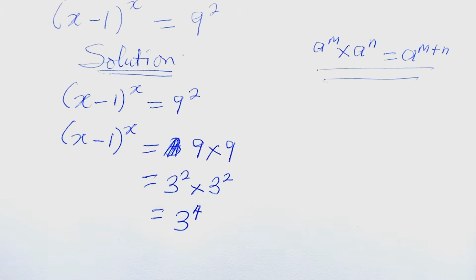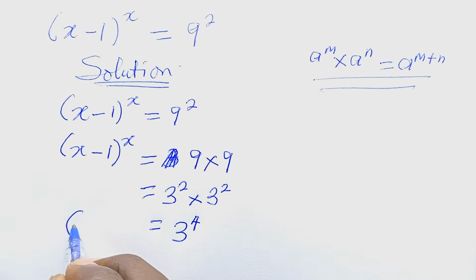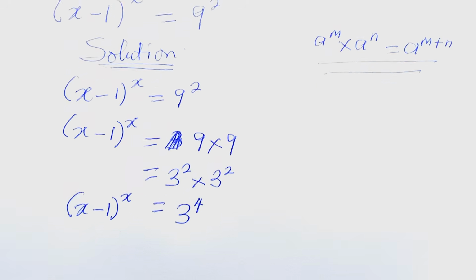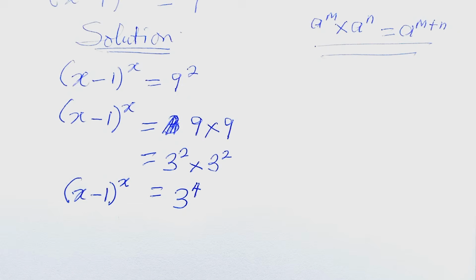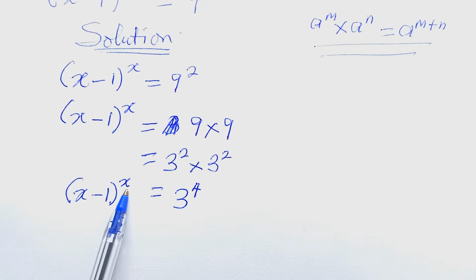Having done this, remember we have our quantity on the other side, which is bracket open x minus 1 all raised to the power of x. Here we just have to apply a simple trick. And what is that trick? Look, we have a variable x minus 1 raised to that same variable.